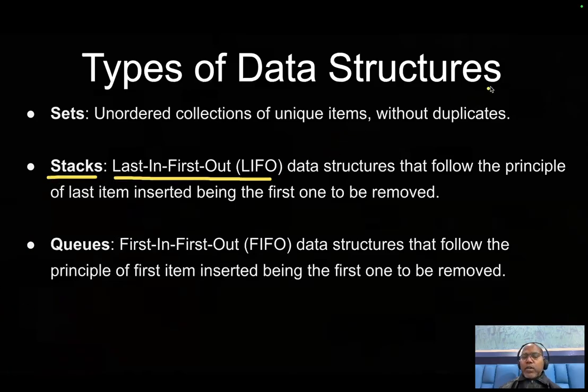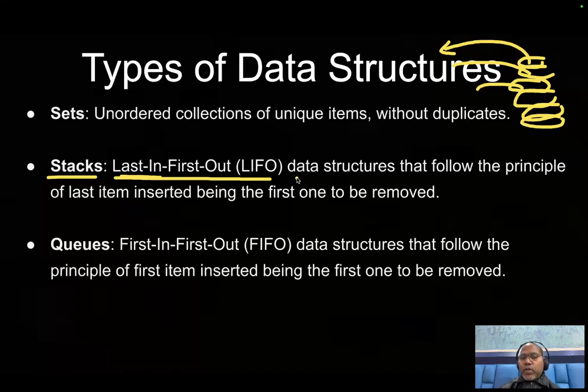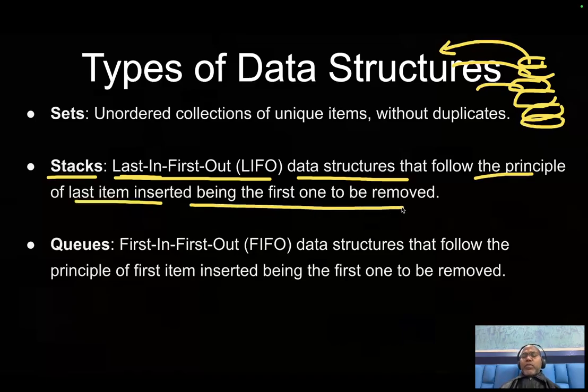Whenever you put in one data item, then another, and another, then whichever data came in last is returned first, then the next, and so on. This is the concept of last in, first out: the last item inserted is the first one removed. This is the stack.